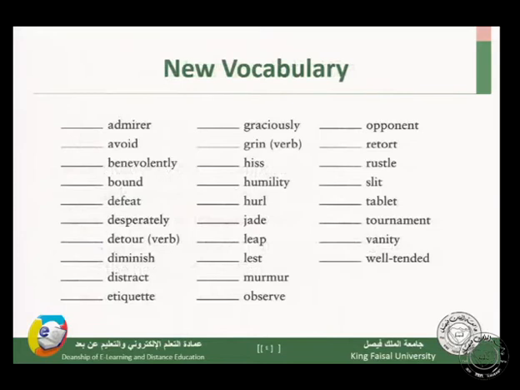So we have the first word, admirer, which means the one who loves someone, for example, a football player or a basketball player. We call him an admirer, mu'jab. The second word, avoid.